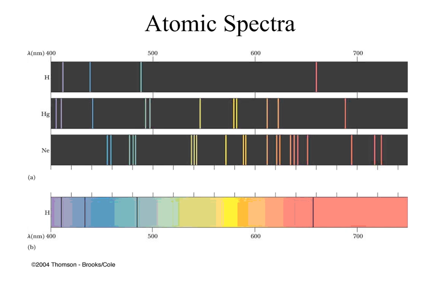So the top one up here is hydrogen, and you see four very distinct spectral lines that correspond to four very distinct energy levels for the electrons in a hydrogen atom. And so this is telling us that there's a little bit more to the picture than just electrons circling around the nucleus, that the allowed energy that those electrons can exist at is very specified. And so that's where Bohr took this information, these observations, this experimental data, and came up with his model of the atom, the Bohr model.